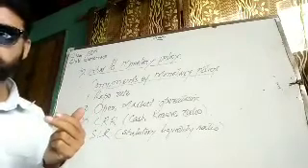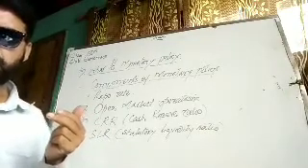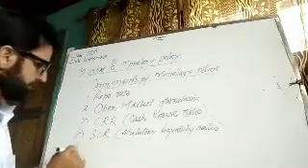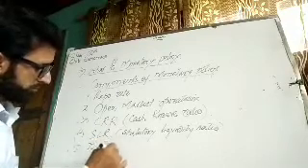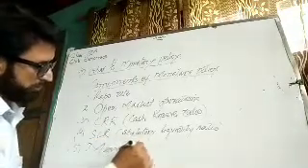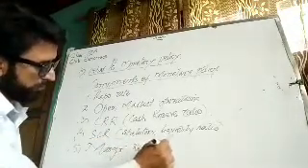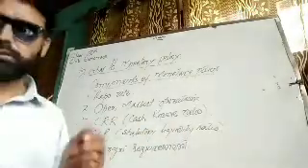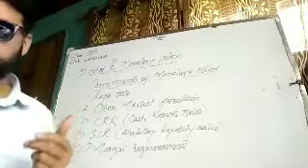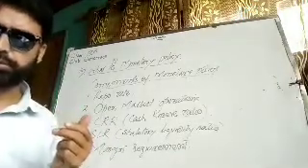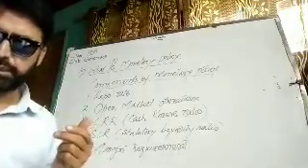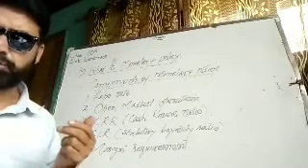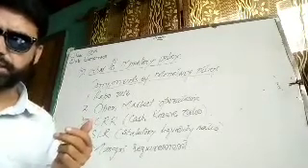Number five is margin requirement. It refers to the minimum down payment that the borrowers are to make as a percentage of their total borrowing from the commercial banks.